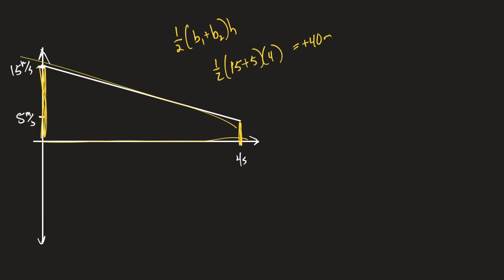Now, I put this up there for a purpose, and that is because I want to show you this one. You might be inclined to treat this like two triangles, and there'd be nothing wrong with that.